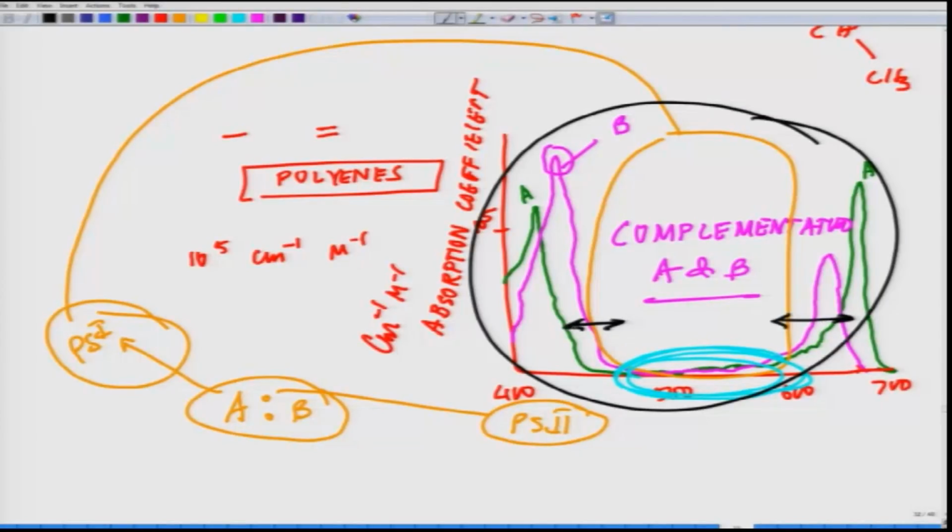So there is always a shift depending on the ratio. These are the take home messages.